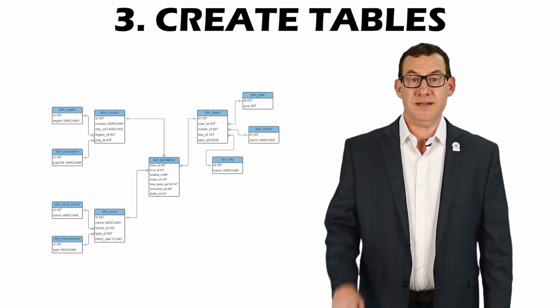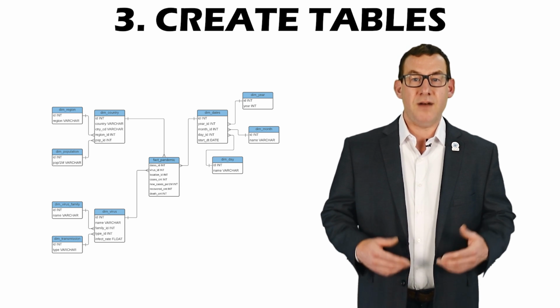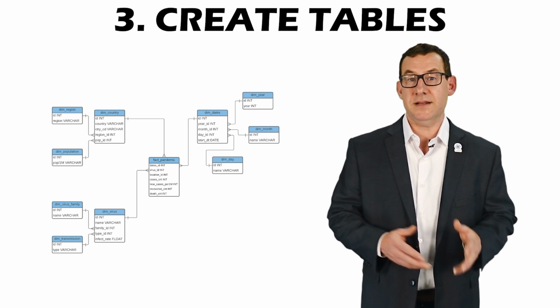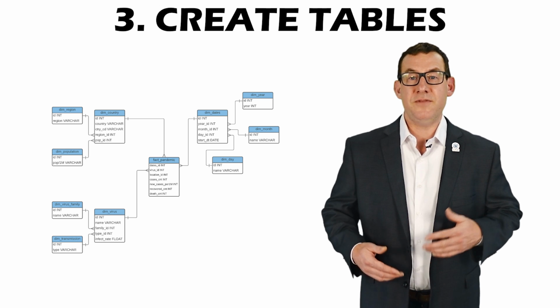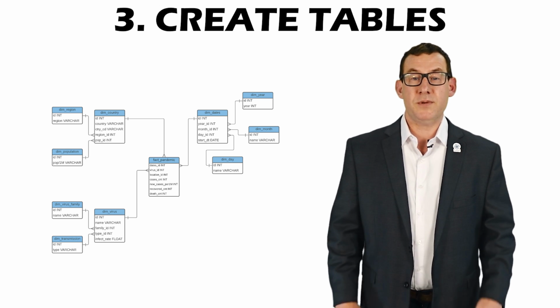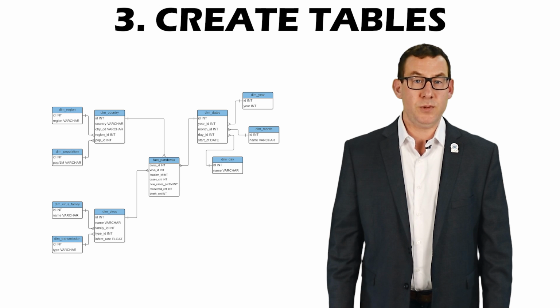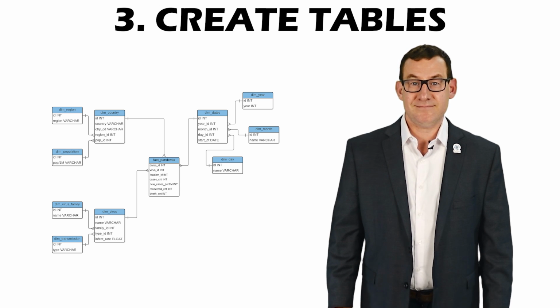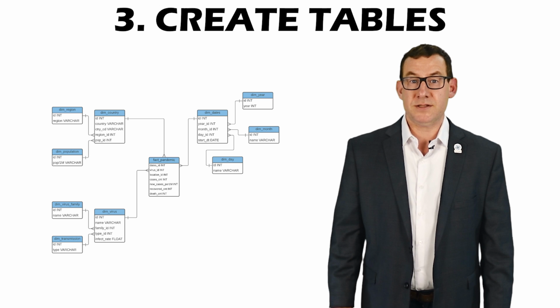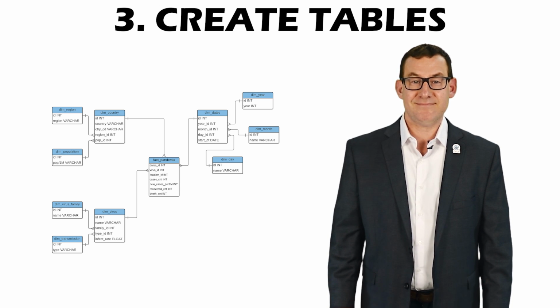Step 3 of database design. Divide the information into feature classes and tables. Each feature class or table represents an entity or relationship between entities. Tables should be normalized to minimize redundancy and improve data integrity.